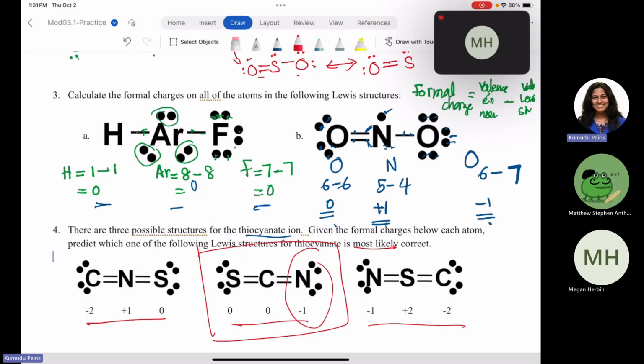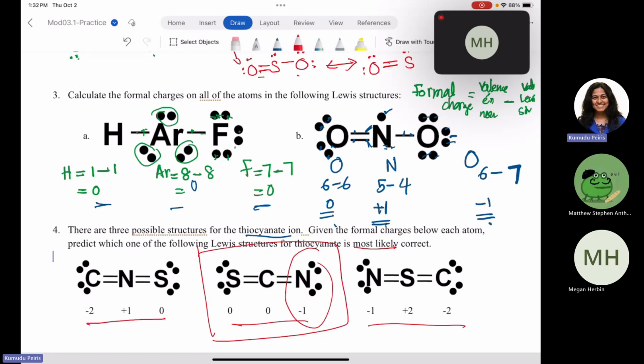That's one reason. The next one: the most electronegative atoms must have the negative charges. Most electropositive atoms should have the positive charges in the best possible Lewis structure.